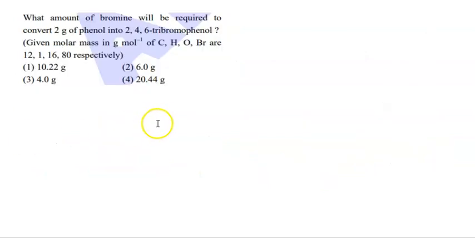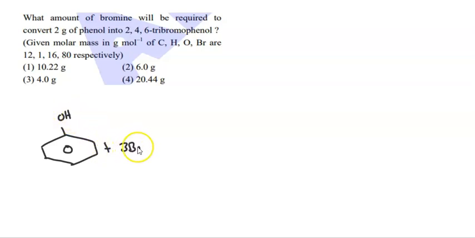What amount of bromine will be required to convert 2 grams of phenol into 2,4,6-tribromophenol? This is a question from the phenol concept. Phenol, which is reacting with 3 bromine molecules, then you can get the compound benzene connected to OH.